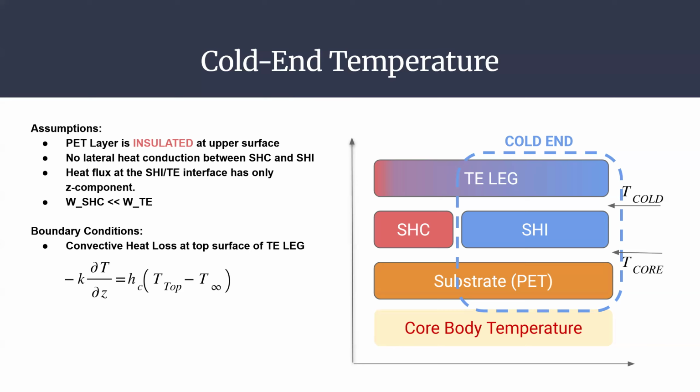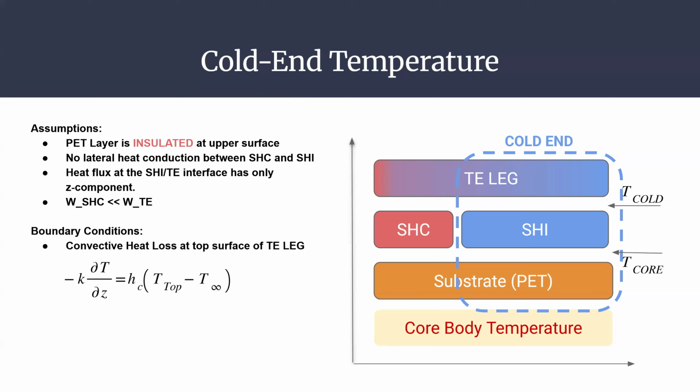Therefore, we can assume a perfect insulation on the top surface of the PET, which means in steady state, we will have the body temperature on both the bottom surface that is directly in contact with our human body and the top surface of the PET likewise.